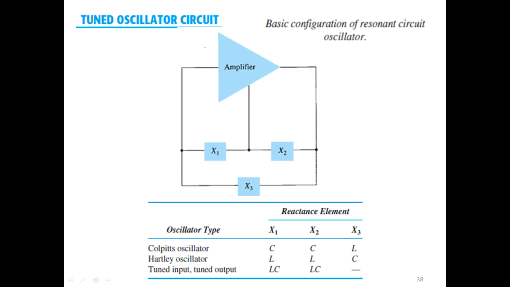All right. So the basic configuration of a resonant circuit oscillator. Now we have come across a new word called resonant circuit. When we studied an RC phase shift oscillator or a Wien bridge oscillator, we never came across the word resonant because there resonance doesn't happen.